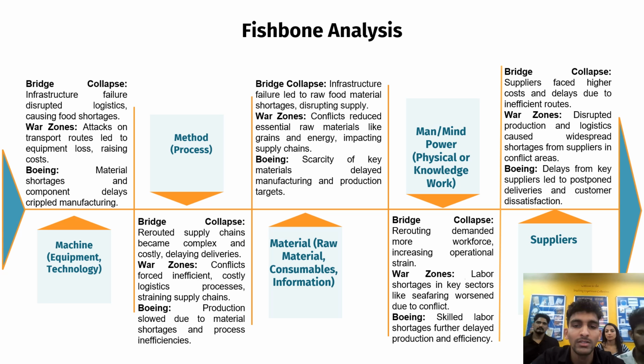In the context of war zones, disrupted transport routes and reduced availability of essential raw materials have severely strained global supply chains. For Boeing, the shortage of critical materials like semiconductors and the lack of skilled laborers have exacerbated production delays and customer dissatisfaction.